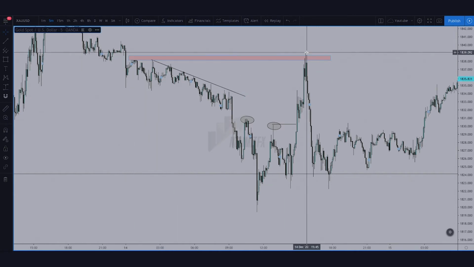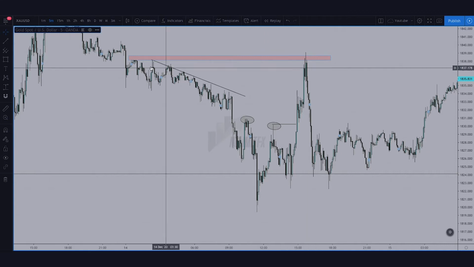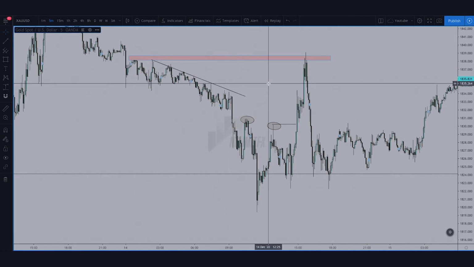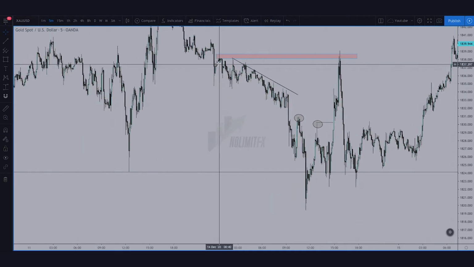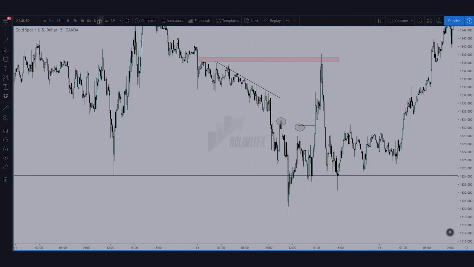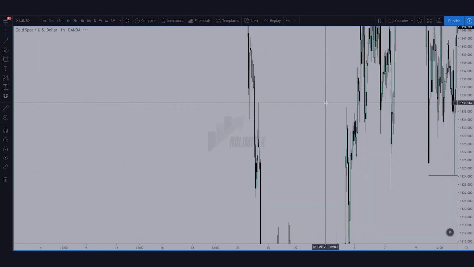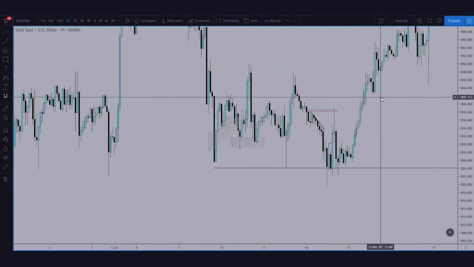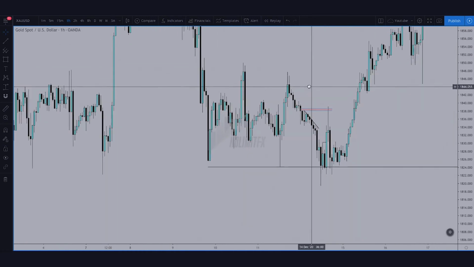Look what price did. Boom. We took out all these highs. Many stops are resting above. This is a really sensitive region. And if you go to the 1 hourly, guys, and if you dive deeper in, what do we have here?